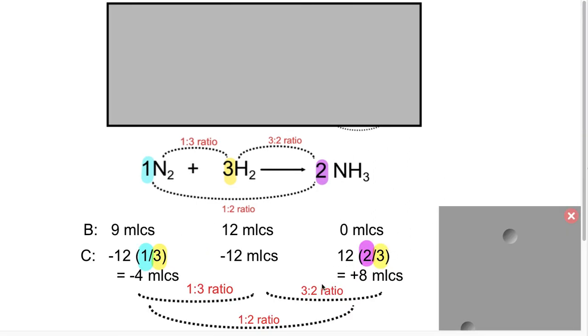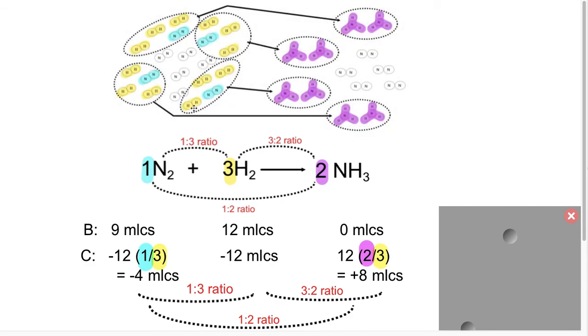So in this case, I have to look at the ratios, and I'm going to have a 12 here. That's representing that I have 12 H2s. And in this case, I want to figure out how many NH3s. Well, I know it's a 2-to-3 ratio. If I remember, for every 3 H2s, I need to form 2 NH3s.